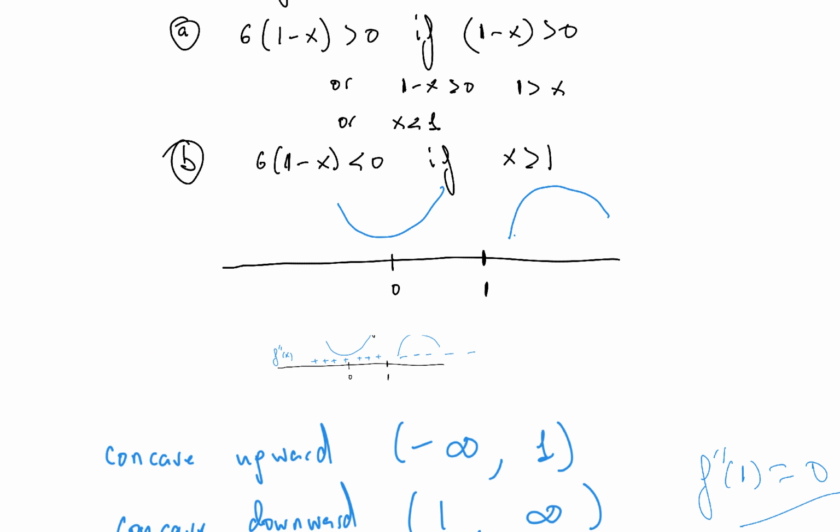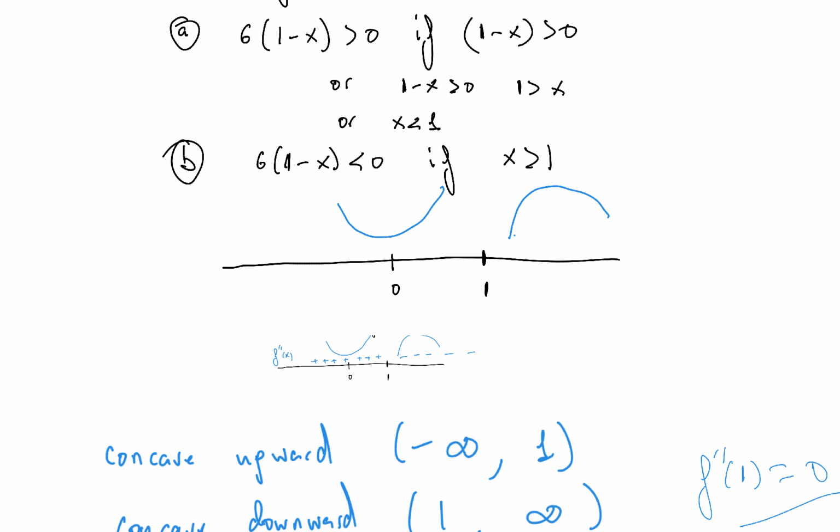So there is a change in the concavity at x equals 1, and this point, x equals 1, is named an inflection point. It is the point where the second derivative evaluated at x equals 1 is 0.